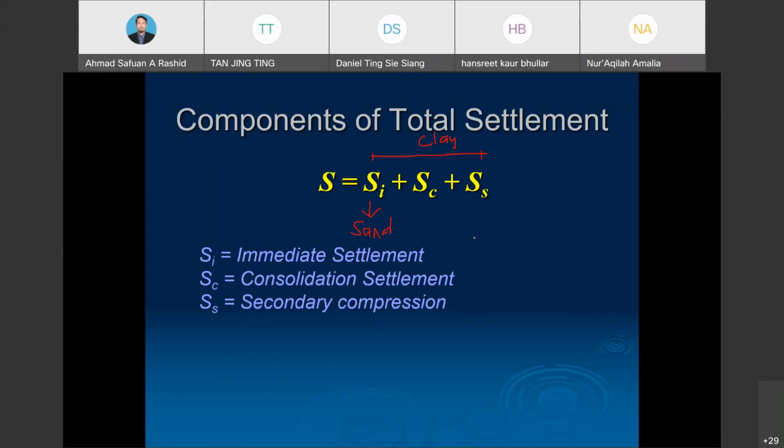Due to the particle of the sand relatively bigger compared to the clay because it's not considered as a fine material. So in that case, there will be no consolidation settlement and secondary compression occur in a sand layer.